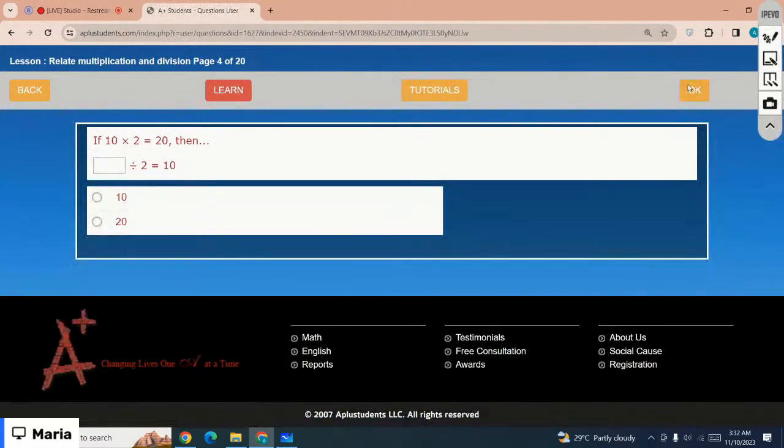Okay, the next one is if 10 times 2 equals 20, then the missing number divided by 2 equals 10. So which is the missing number?